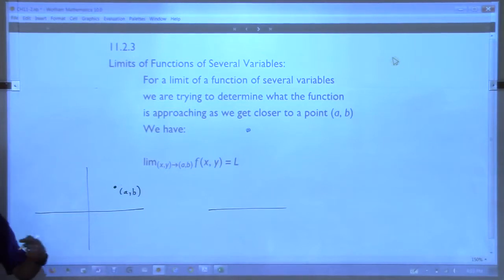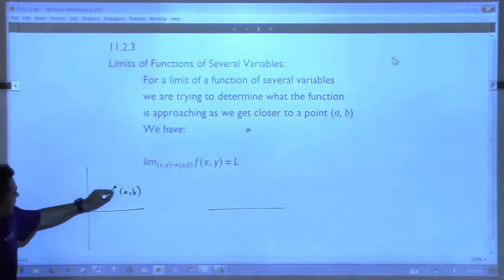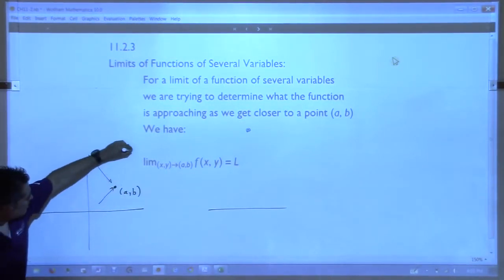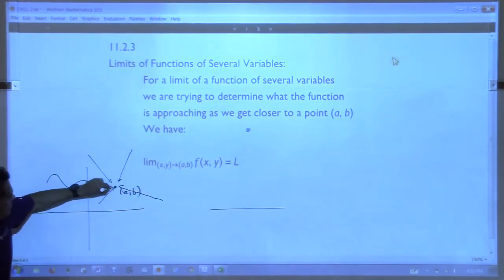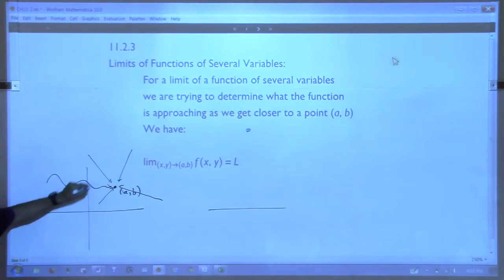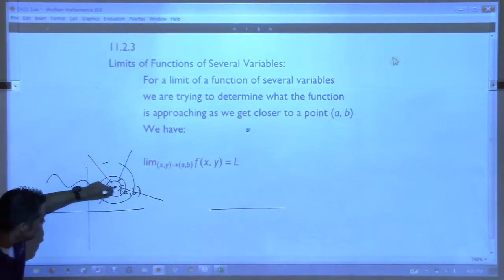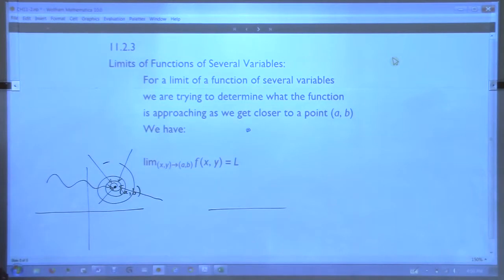Not just two directions. I can come in from here, from here, from here, from here. I can come in like this. I can come in straight lines. I can spiral into it. Any path that you can think of that goes to that point has to be considered.